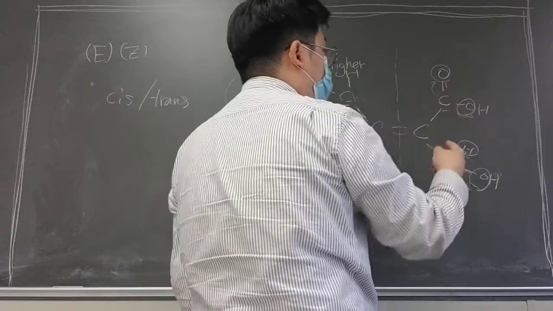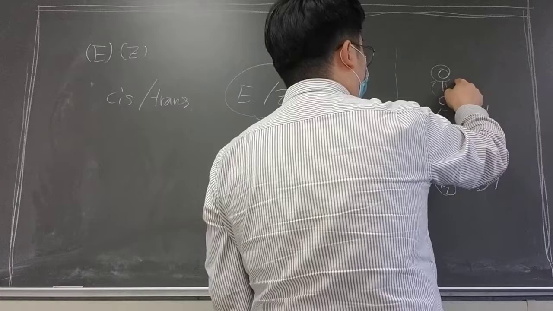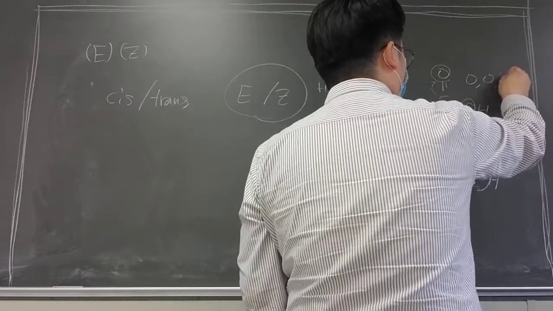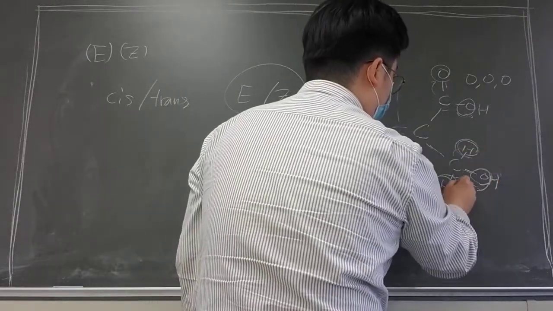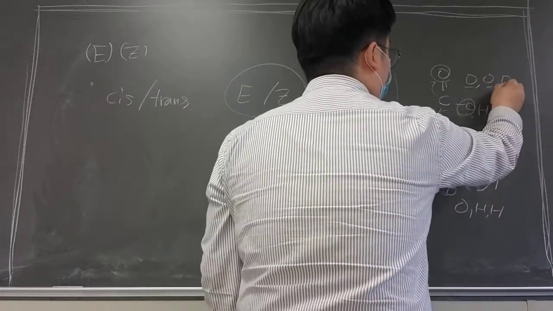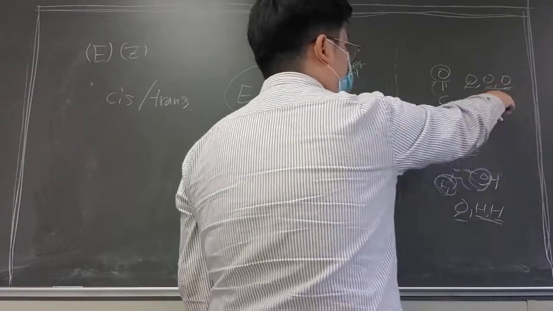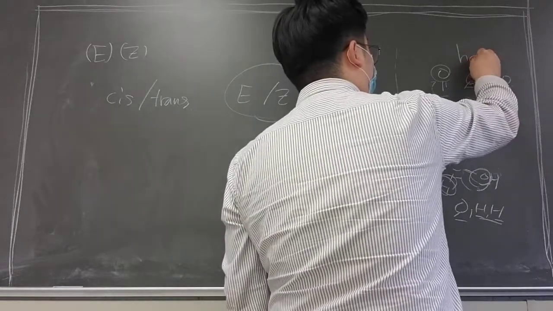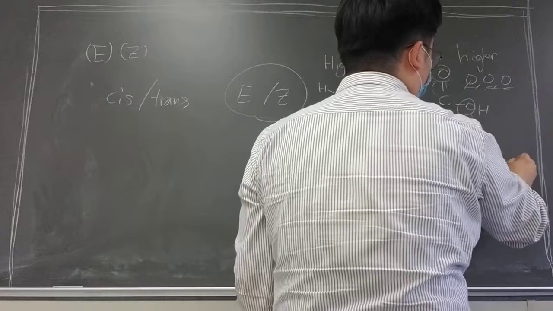Whenever you have a double bond, it's pretty much the same, following the Cahn-Ingold-Prelog convention. You count these as two, so two oxygens, and there's another one over here. This one is oxygen, hydrogen, hydrogen, so OH. Because these two are higher in atomic number than hydrogen, this is still higher priority than this one. This is lower.